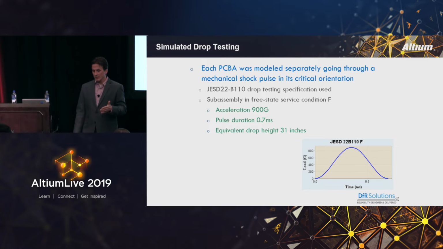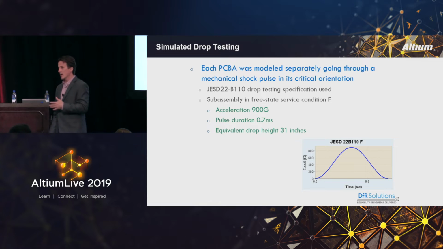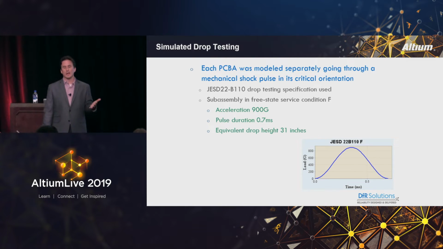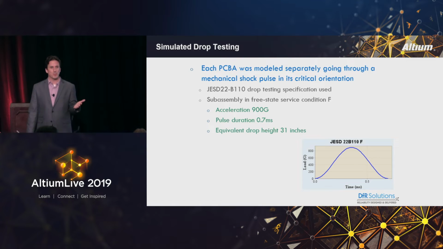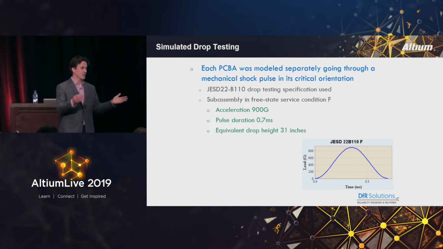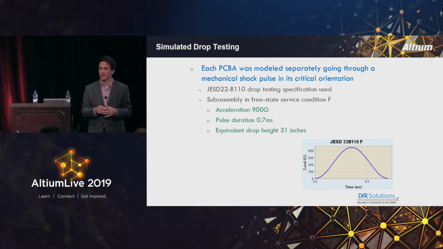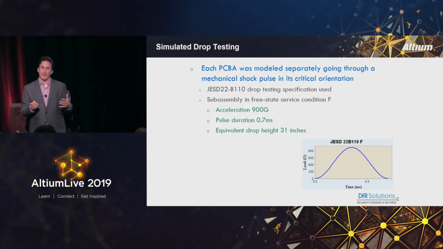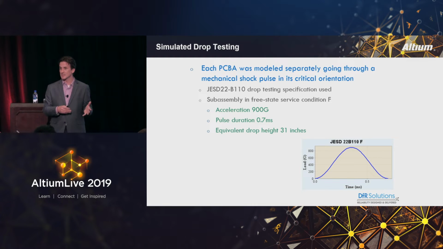If you're building a high technology circuit board and you need to drop test it in the enclosure, you're not going to do that with 3D printed parts, if in this case you're using plastic. You're going to want to use at least aluminum tools.